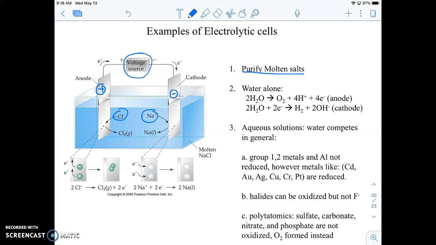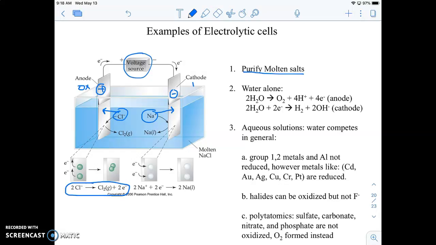The negative ions are always going to swim to the anode. And what happens at the anode? Oxidation. So this chloride ion is going to lose its electrons, and it's going to turn back into chlorine, the atom, the element.